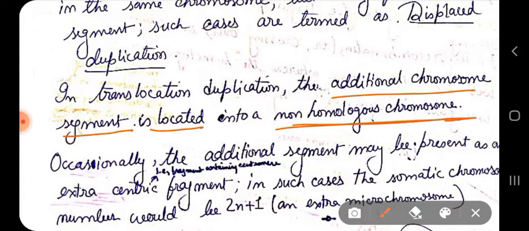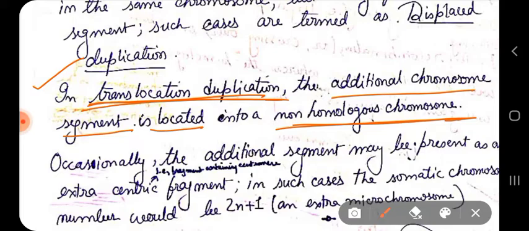For example, there are two chromosomes, A B C D E F G H I J K L, and another chromosome with P Q R S T U V W X. Now the extra chromosome segment CDE has been translocated and moved to a different non-homologous chromosome. That type of duplication is called translocation duplication.